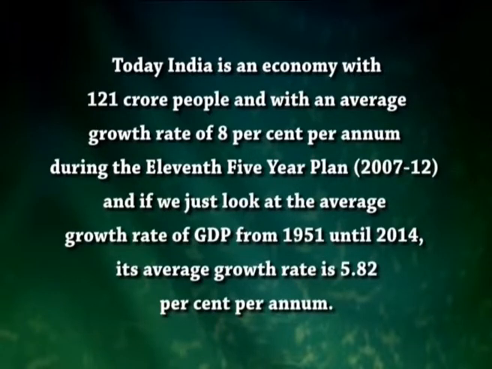Today, India is an economy with 121 crore people and with an average growth rate of 8% per annum during the 11th 5-year plan. And if we just look at the average growth rate of GDP from 1951 until 2014, its average growth rate is 5.82% per annum.